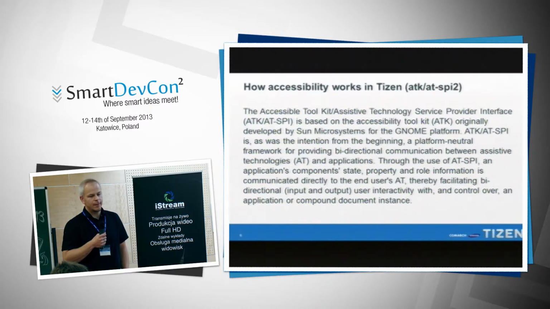ATK is just a set of interfaces that provide different descriptions of the objects of the application, and AT-SPI is just the interface that communicates this with the application that can make use of it.